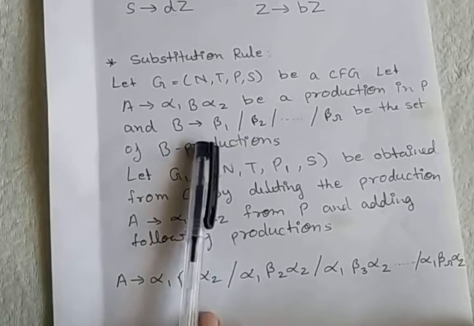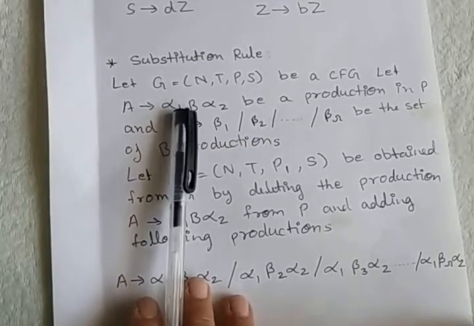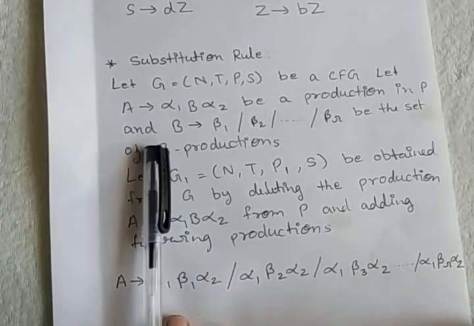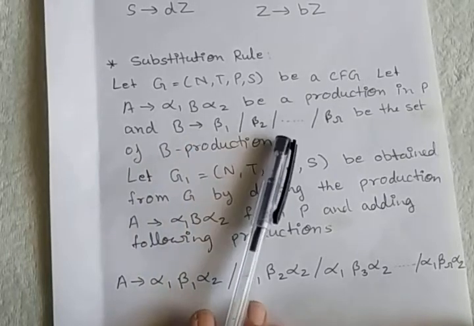Then what can we do? We can remove this rule and introduce new rules by substituting the values of B one by one.